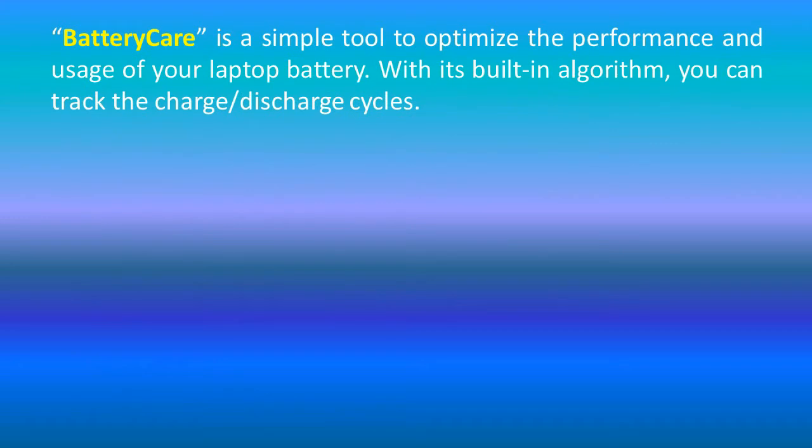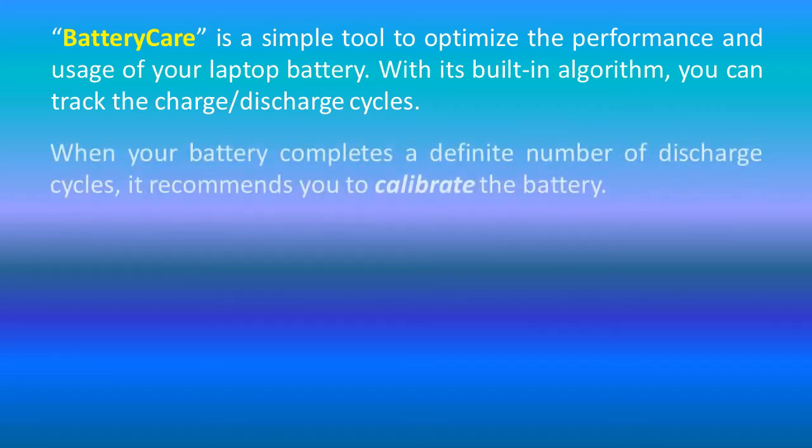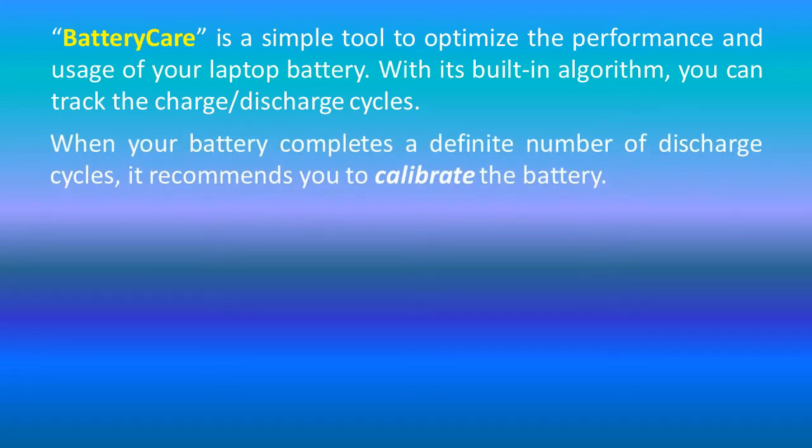Battery Care is a simple tool to optimize the performance and usage of your laptop battery. With its built-in algorithm, you can track the charge and discharge cycles. When your battery completes a definite number of discharge cycles, it recommends you to calibrate the battery.